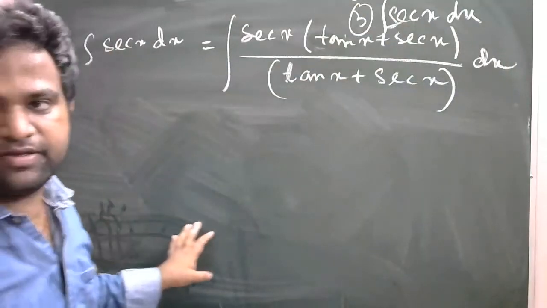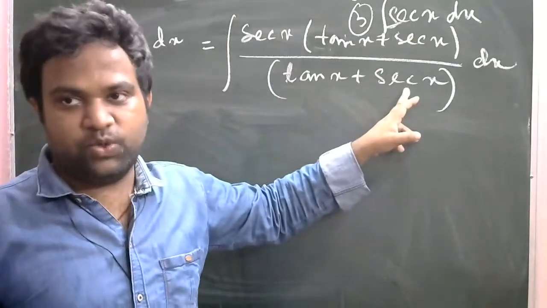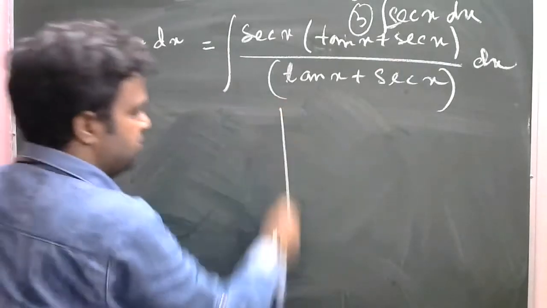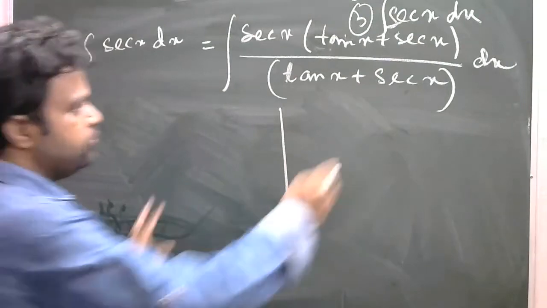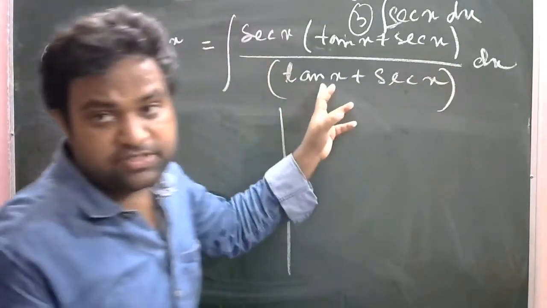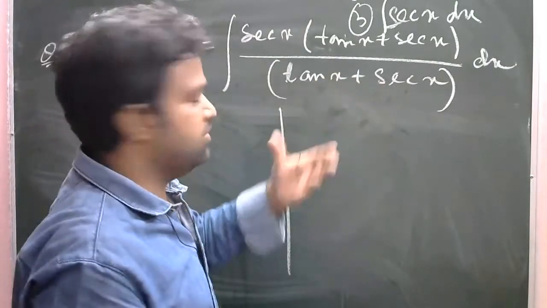So what I did, I just multiplied by one: tan x plus sec x upon tan x plus sec x. Why? Now we'll realize when I solve the problem using substitution. I'll take this tan x plus sec x as t.